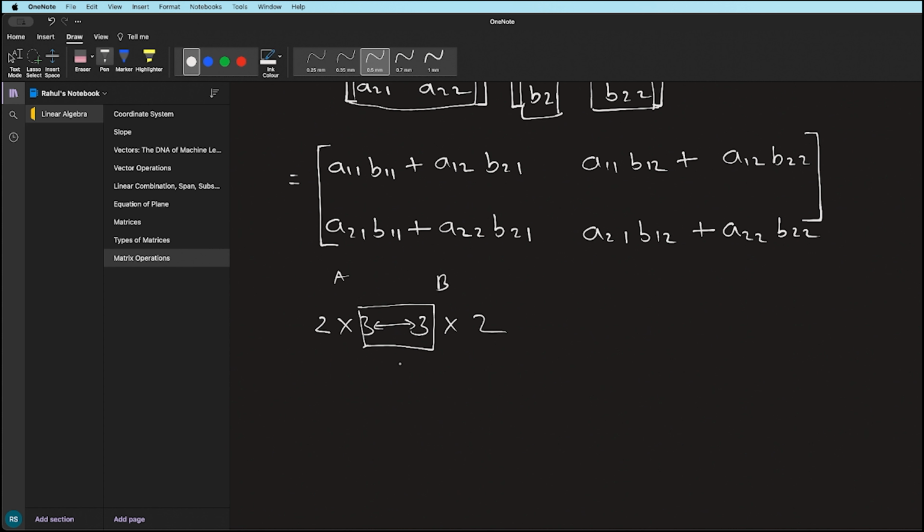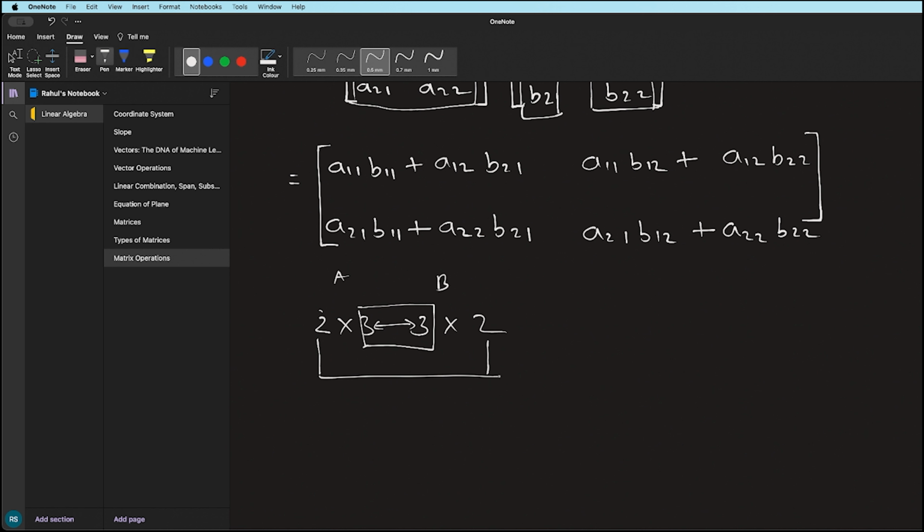So let me explain once again. If the number of columns of matrix A, that is 3, is equal to the number of rows of matrix B, that is also 3, then and only then we can perform the matrix multiplication, and the resulting shape will be the number of rows of the first matrix and the number of columns of the second matrix.